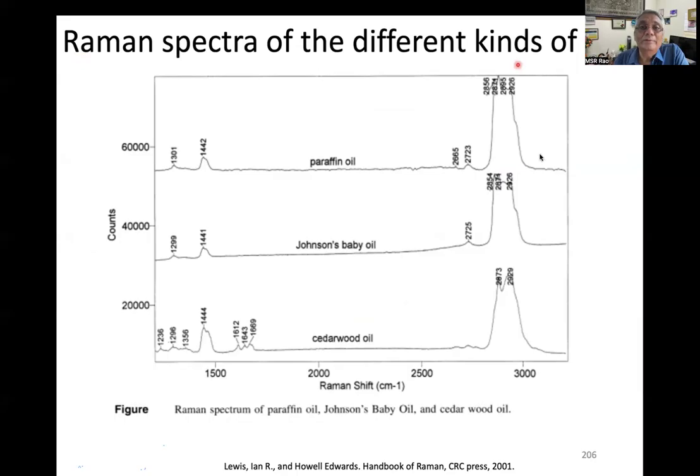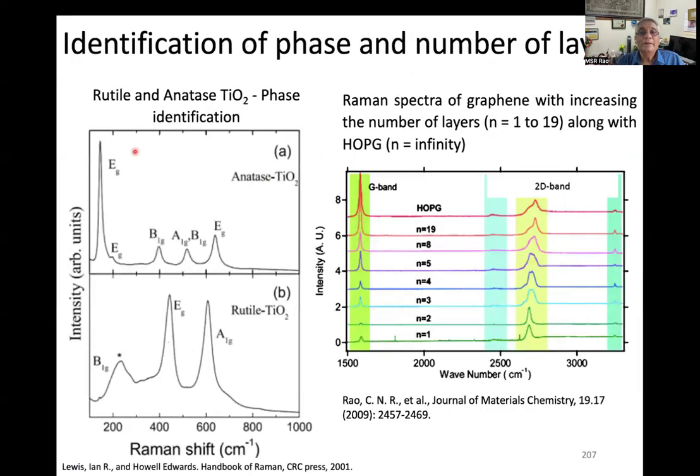This is a Raman scattering of different kinds of oils: paraffin oil, Johnson's baby oil, cedarwood oil. All these have signature patterns to identify the quality of these oils.